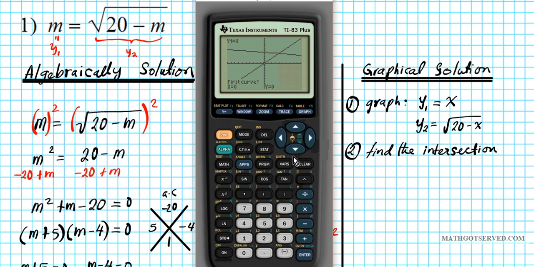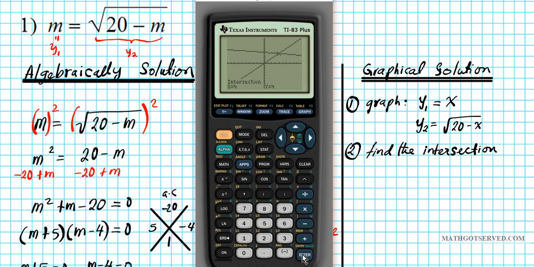First curve is y equals x, press enter. Second curve is y equals the square root of 20 minus x, press enter. Guess: just move your cursor to a point close to the point of intersection you desire to determine. Press enter. You have 4, 4 for x and y.